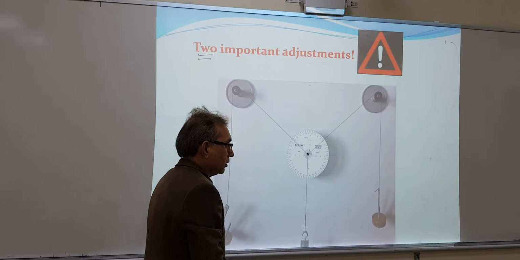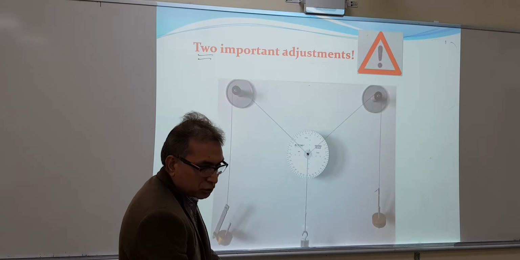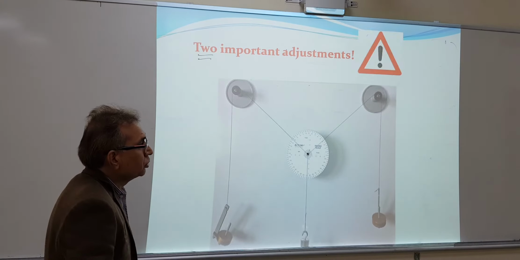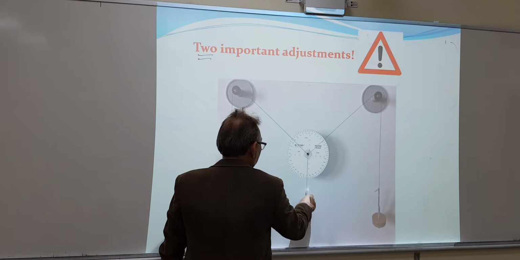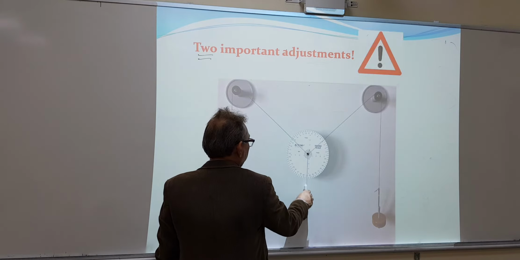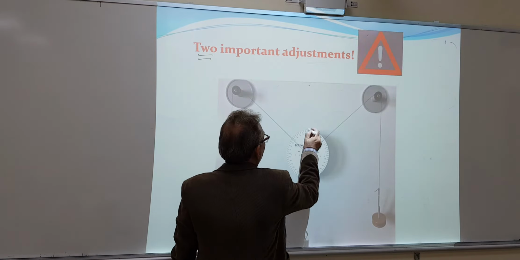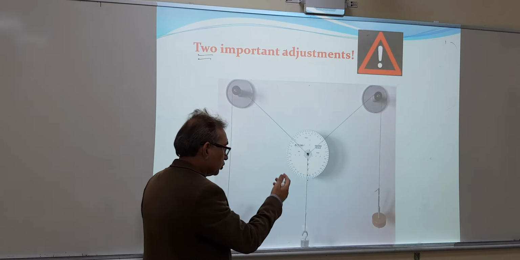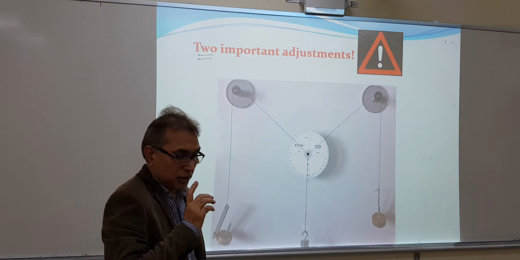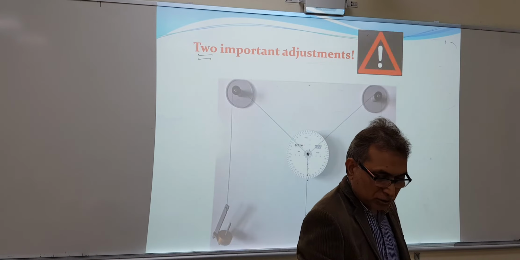They should coincide. This is the first adjustment. And number two is that the vertical thread of the unknown mass should be exactly along the y-axis. So please don't forget these two adjustments.